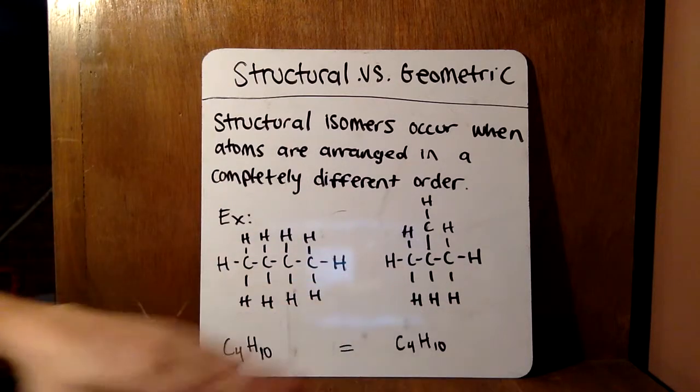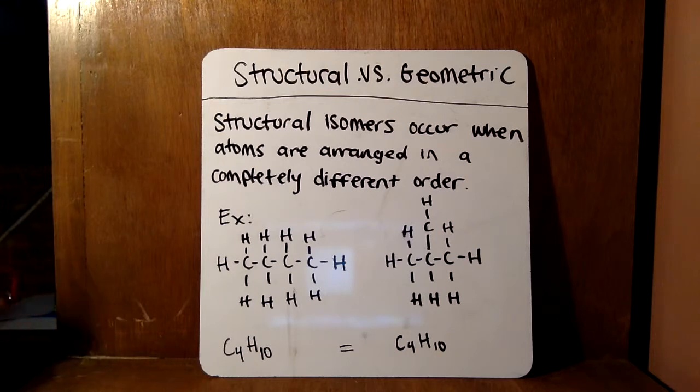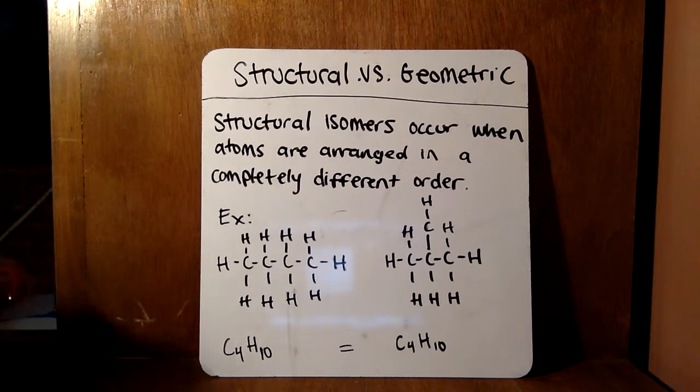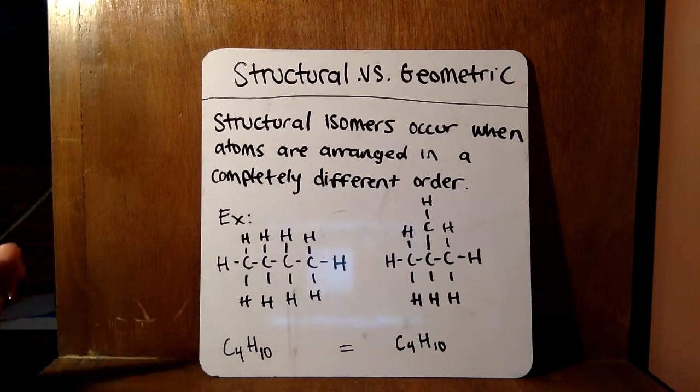And in this example, it's still C4H10, but the H's aren't in the same position, and neither are the C's. There are 3 C's in the middle and a hydrogen at the top, but it is still the same compound. Chain isomers and position isomers are also categorized in structural isomers.